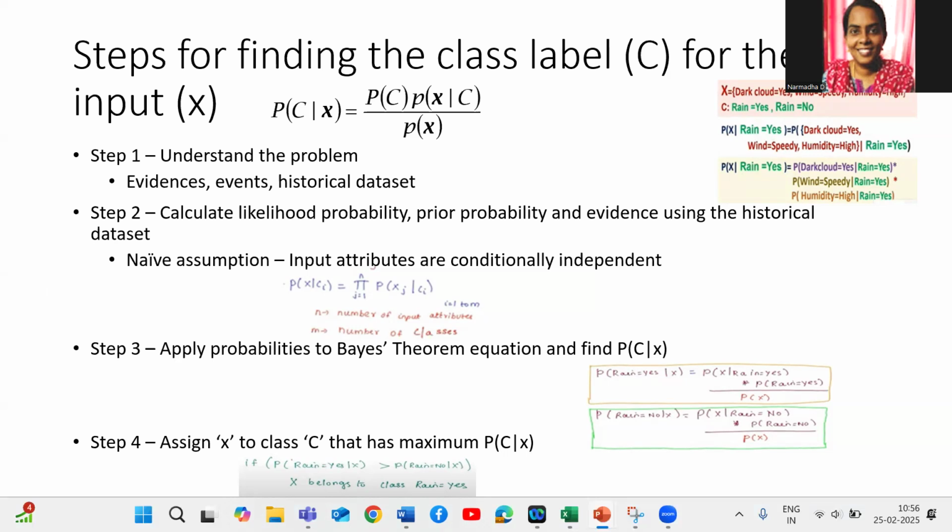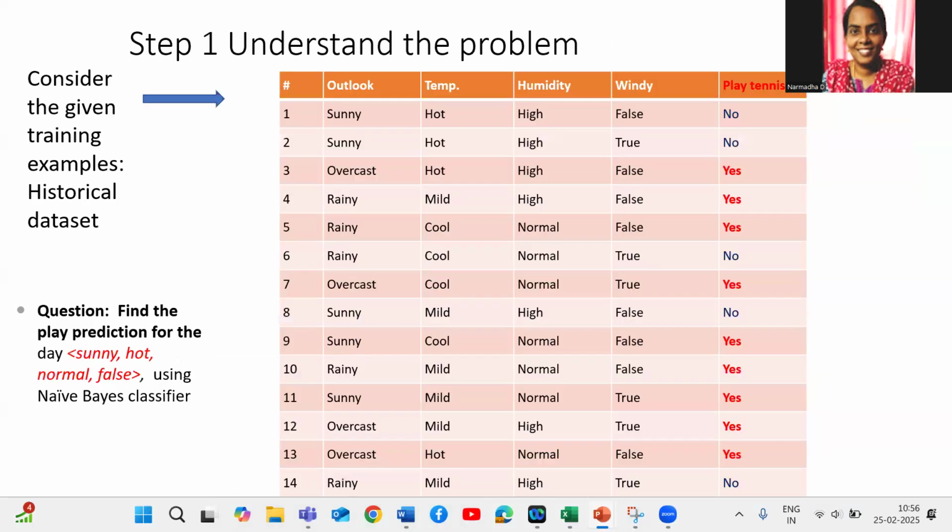Based on that, calculate everything needed for the Bayes theorem, that is the likelihood and the prior probability. After calculating everything, apply the Bayes theorem and assign X to the class that has the maximum probability. We will see how these steps are taken with the help of an example data set.